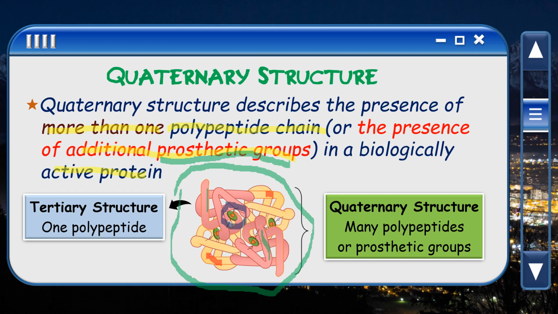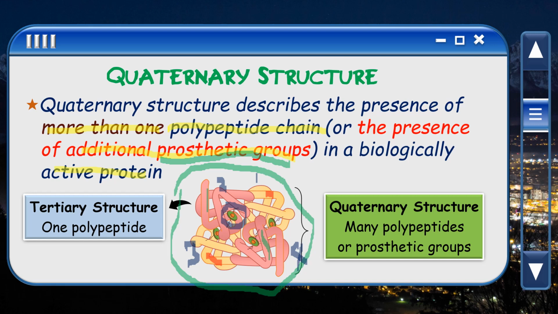Now they are coming together. If you look at them, here we have 4 polypeptides. This is one, this is a second, we have a third one here, and the 4th one on the other side here. So which means that we have 4 polypeptide chains joined together.